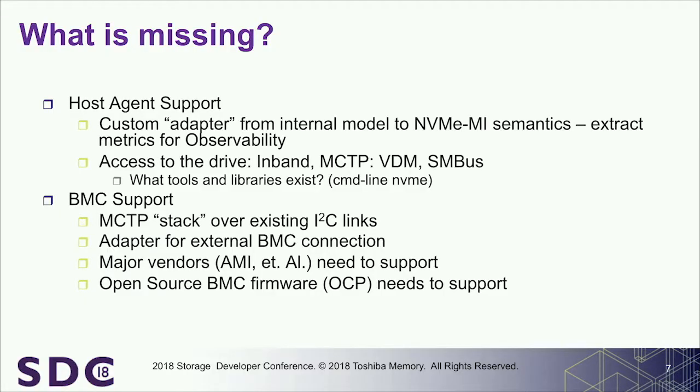When you look inside a BMC, it's actually running perhaps a version of embedded Linux, right? And so we need to add MCTP support for that if that BMC is going to be used in a similar way as the enterprise guys. And then you need an adapter for external BMC connection if you want to have a management network. The major vendors would need to support that as well, people like AMI.